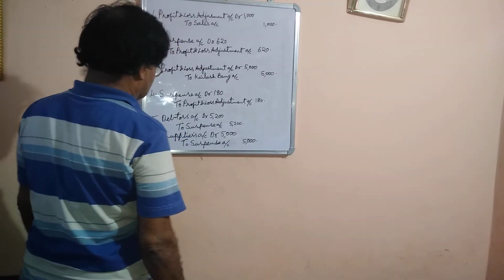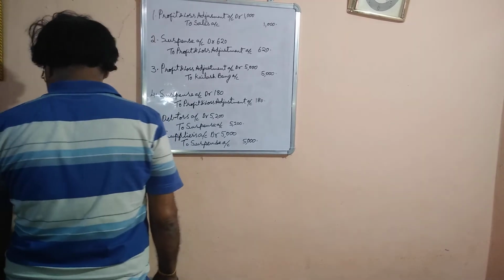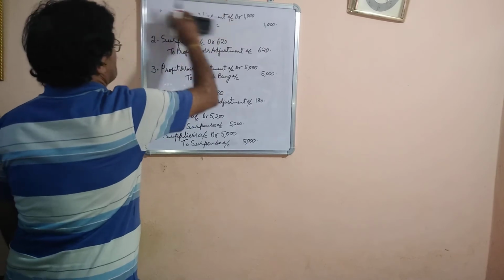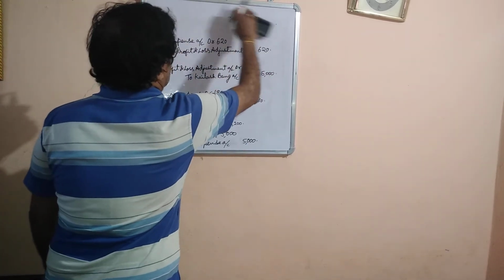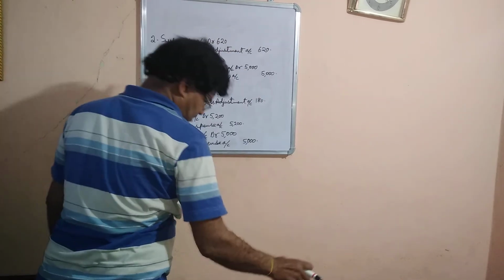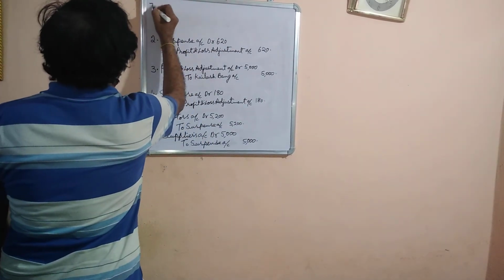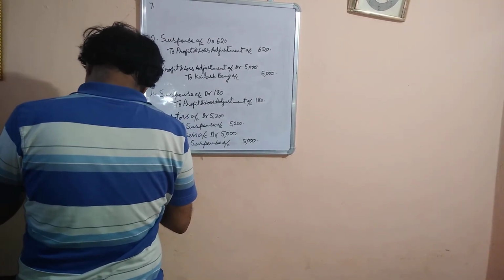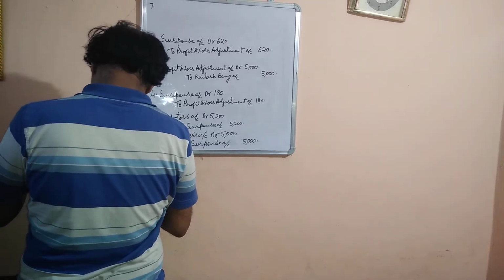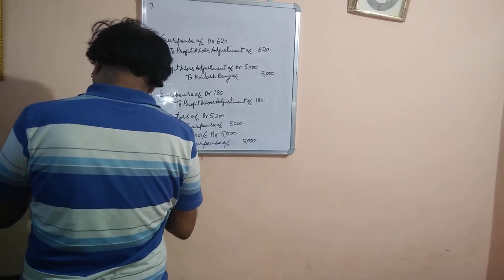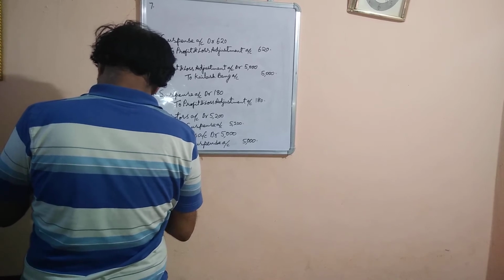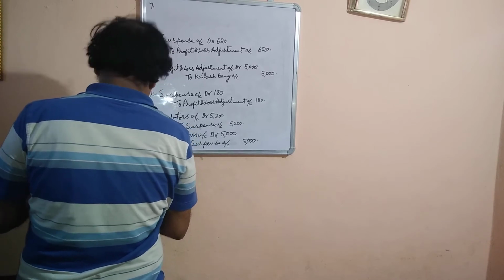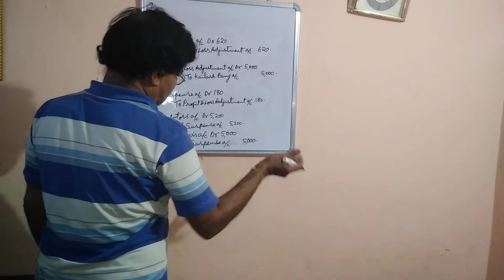These are the six entries, and one more entry is there, that is the seventh entry. What is the mistake? An item of 910 entered in the sales returns book had been posted to the debit of the customer who returned the goods. So here, suspense account debit to customer's account, 910, that is wrongly shown.